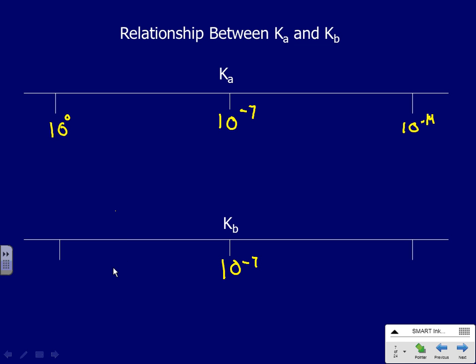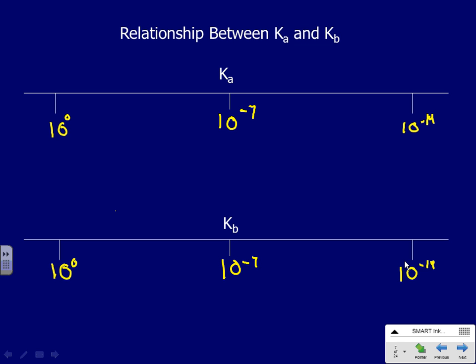In other words, it's going to look a lot like a pH scale. Same thing on my Kb one, 10 to the negative 14, 10 to the 0. And I'm hoping you got the idea that I've got these lines above and below each other, because I'm going to be crossing over. When we turn an acid into a base, we're going to take the Ka and figure out where the Kb is going to be.